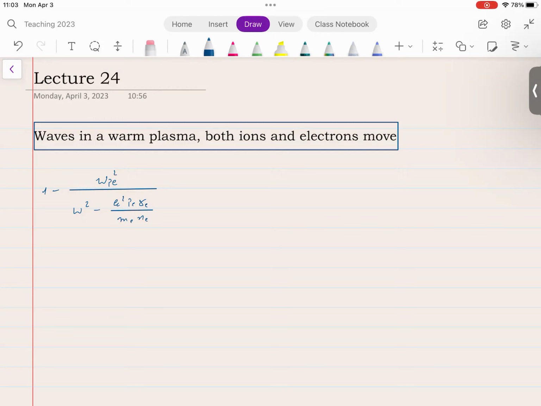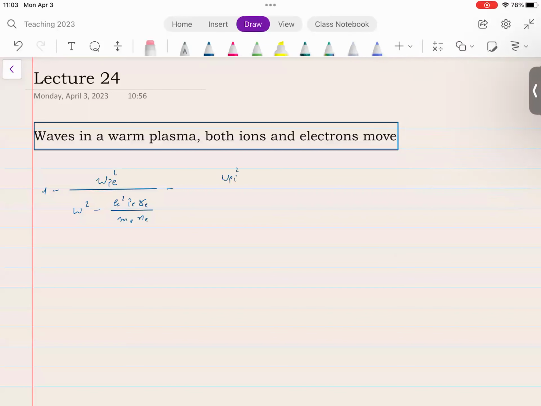Okay, then we have two terms that are very similar, one for the electrons and one for the ions. They look exactly the same, except for the subscript e for the electrons and i for the ions.